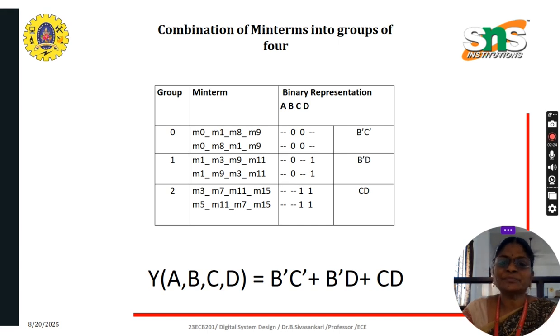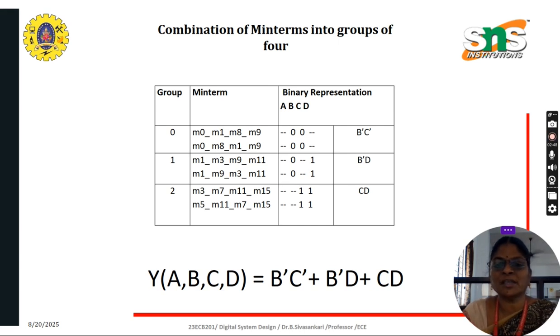Right? So, while we form this table, we are able to get the prime implicants in the final column. These are represented by binary representation like A, B, C, D, where you are getting values either 0 or 1. That position can be considered in the binary representation.